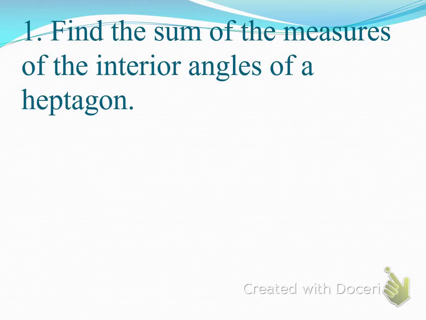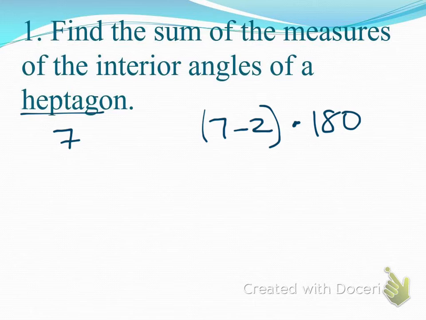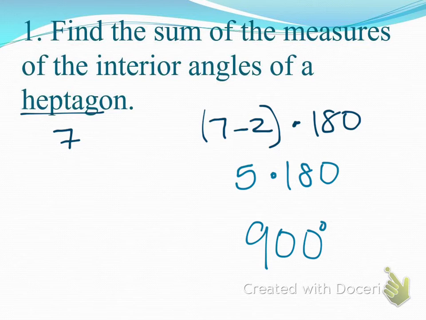Good. All right, so how many sides does a heptagon have? 7. So if it has 7 sides, you can use 7 minus 2 times 180. How many triangles are inside of a heptagon? 5 triangles, 180 apiece. You get 900 degrees.